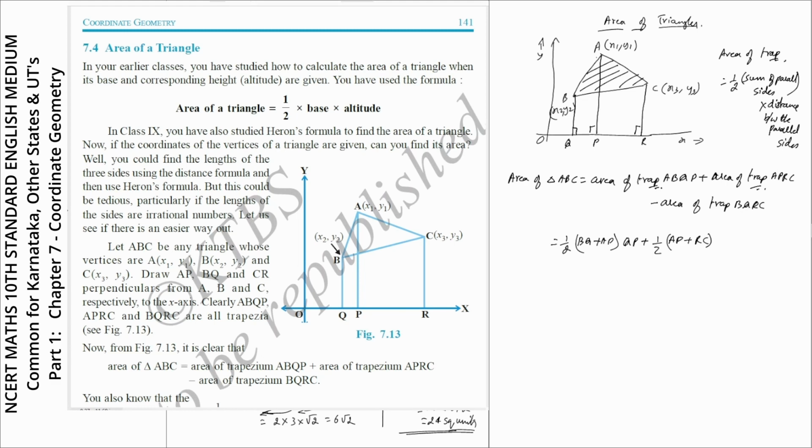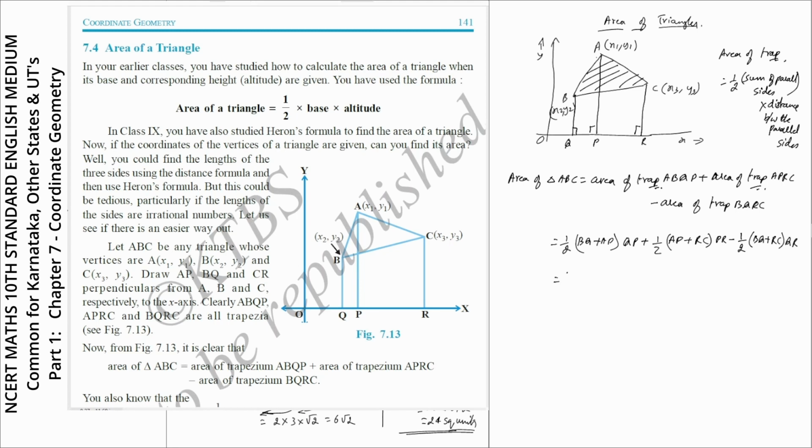Okay, and into distance between side AP and RC, that is PR. Now minus area of trapezium BQRC. Now here sum of parallel side is BQ plus RC. So into the distance between BQ and RC is QR.